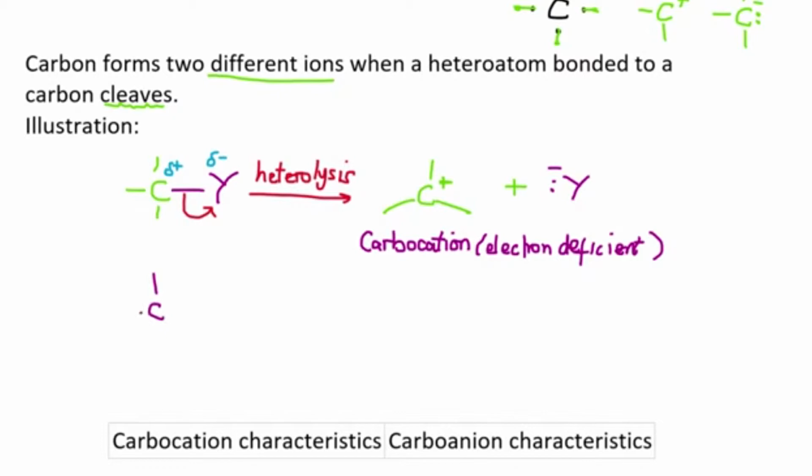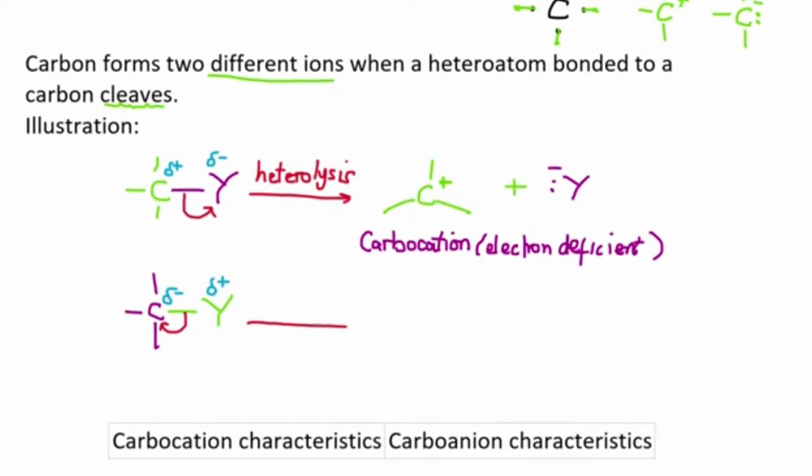In this case the dipole moment is switched around, such that carbon is more electronegative than our Y species, the heteroatom. As a result, we cleave this bond and it forms a lone pair on the carbon.